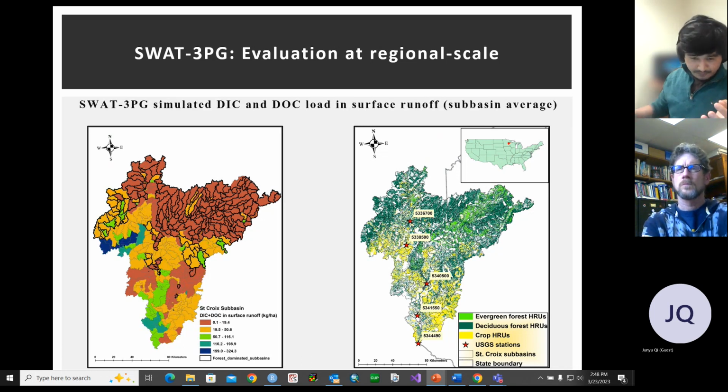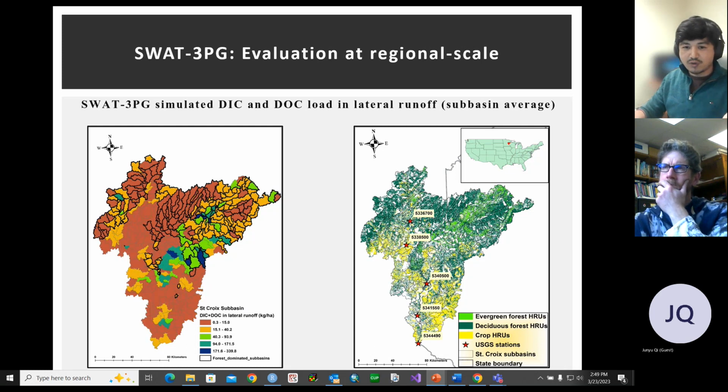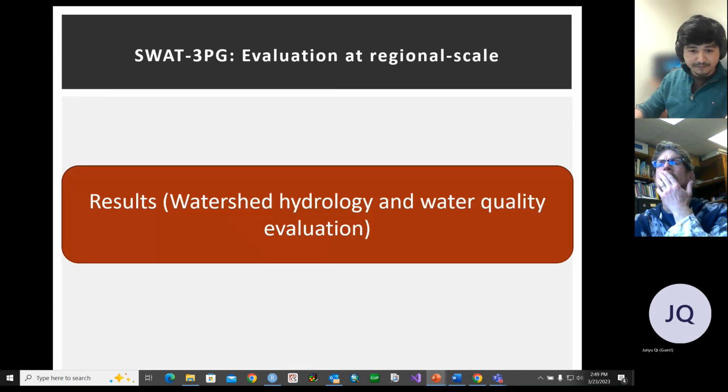So then we looked into DIC and DOC in surface runoff, right? And as expected, DIC, DOC is low in forest dominated subbasins, and it's higher in ag dominated subbasins, right? Similarly, we looked into lateral runoff, and DIC, DOC in percolation, right?